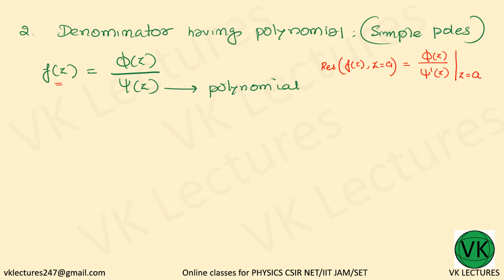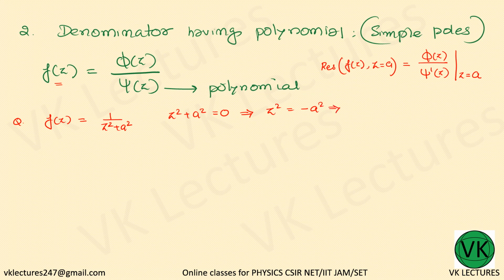So let's write the question: let f of z be equal to 1 divided by (z squared plus a squared). So this is the polynomial which is psi of z. Now finding the roots, or equating the denominator to 0, we get z squared plus a squared equal to 0, which says z squared equals minus a squared.